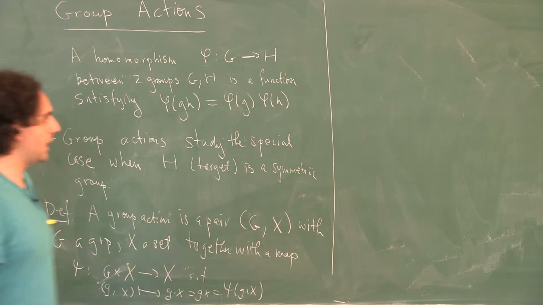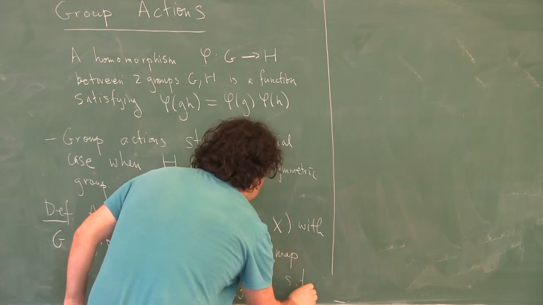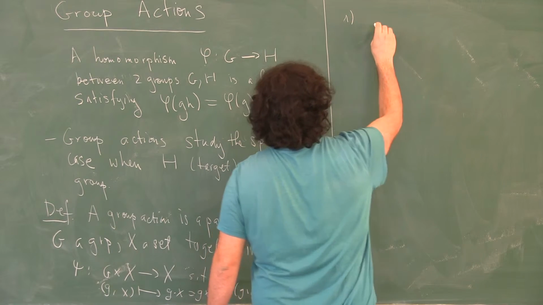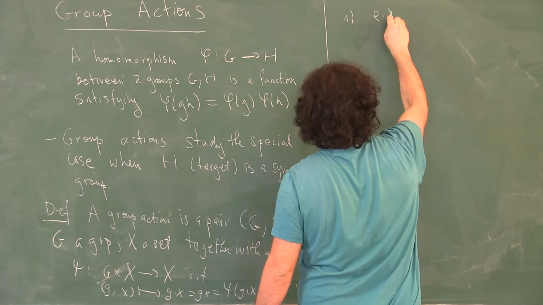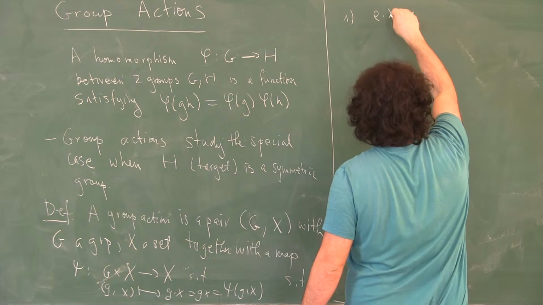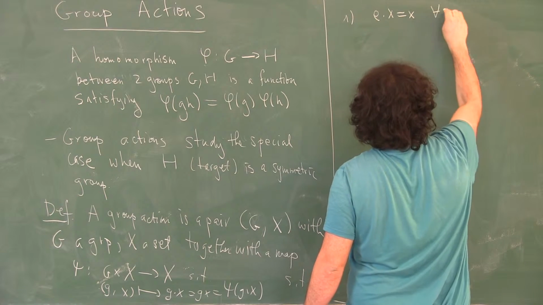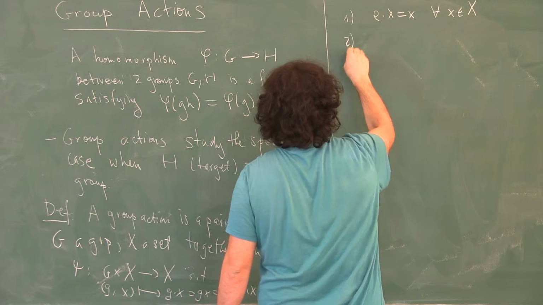So what should this satisfy? If I take the identity of G and multiply that on any element of X, I should get x, nothing happens, for all x in my set X.